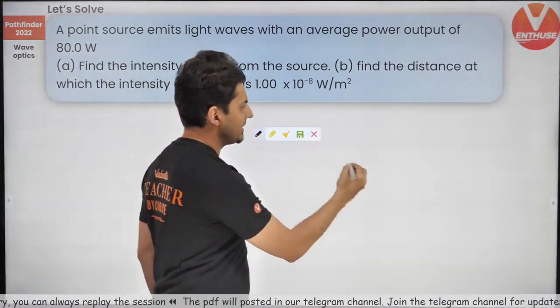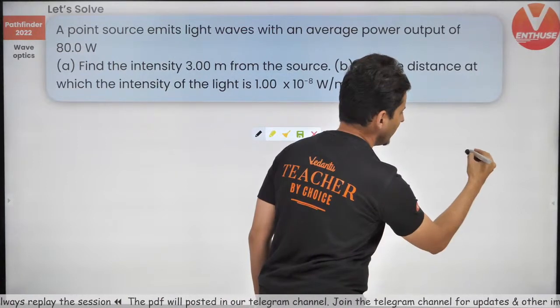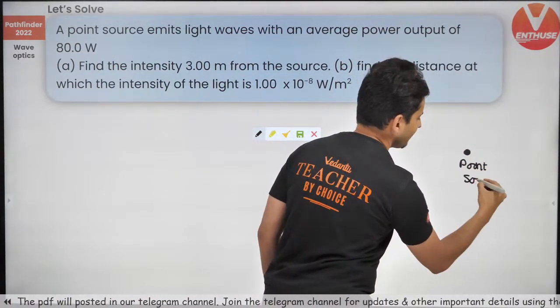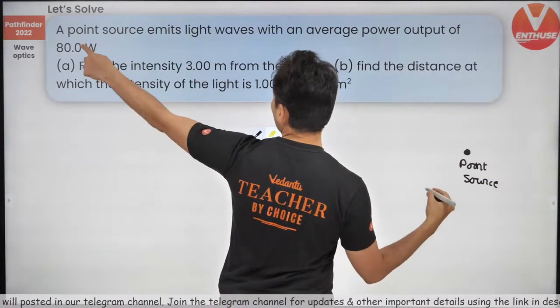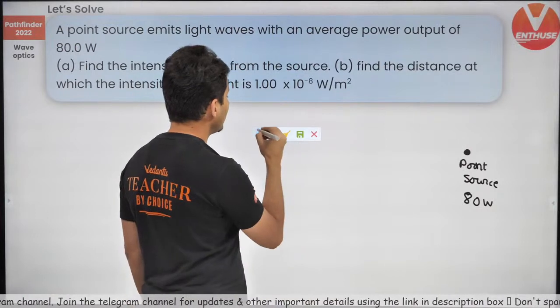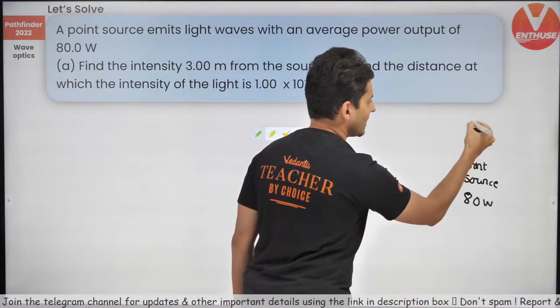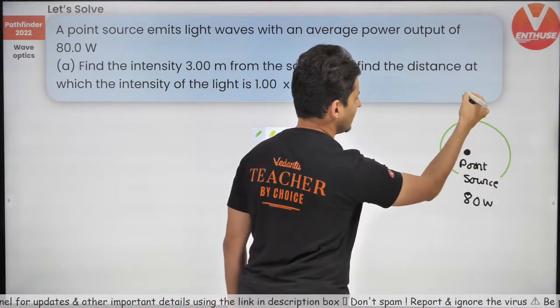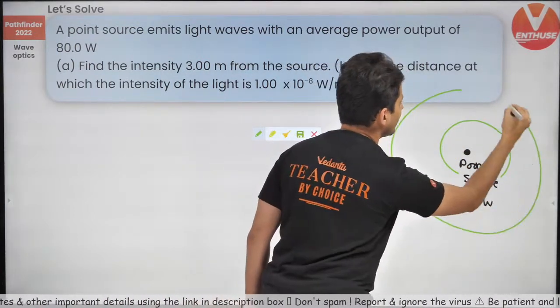So let's just try to visualize it. Here I have my point source, and it has a power of 80 watts. It creates waves which are spherical in nature. So it will be something like this. These are the spherical wavefronts which will be created by it.